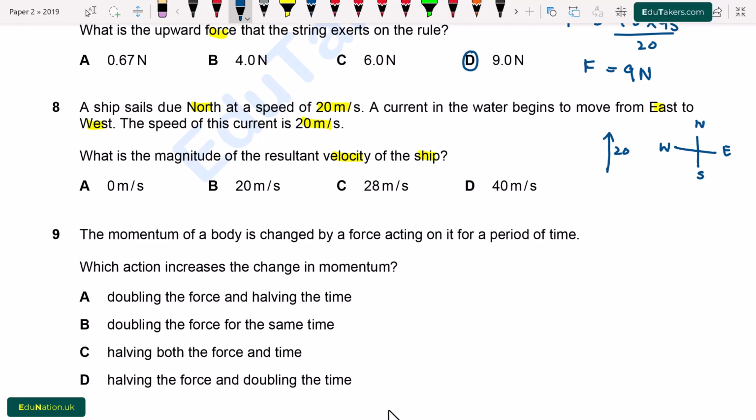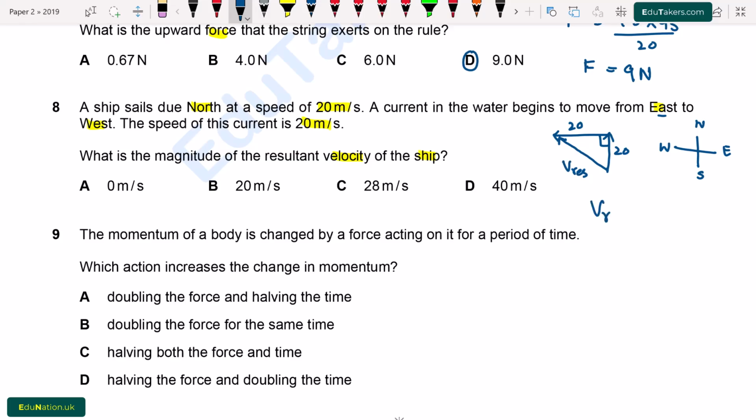The current in the water begins to move from the east to the west. So it will be in this direction. And again its magnitude is 20. We have to find out the resultant here. So resultant will be the magnitude of this vector. We can see here that it's a right angle triangle. I suppose that this vector is V resultant and we have to find out the value of V resultant.